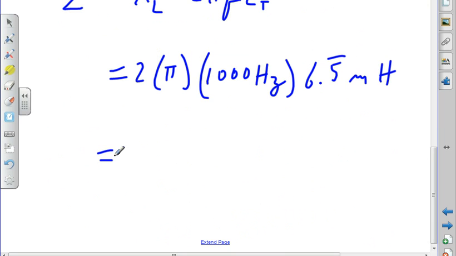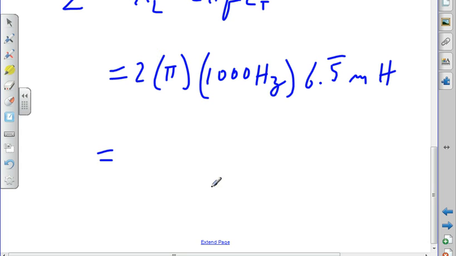Okay, the 1 kilohertz cancels out the milli and the henry, so I can go 2 times pi, if I knew where pi was on my calculator, times 6.5 equals, and it's 6.5 repeating. I'm going to do it again. 2 times pi times 6.5555555.